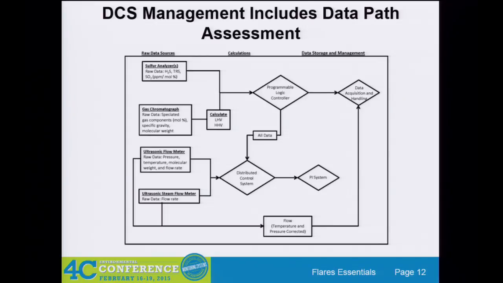Some did the calculations in a PLC, and all the data was going not only into the DCS, but also into a DAS, and then finally into PI. So it's where do you want to have that data, who's doing the calculations, and making sure everything you need is being stored for your compliance purposes.